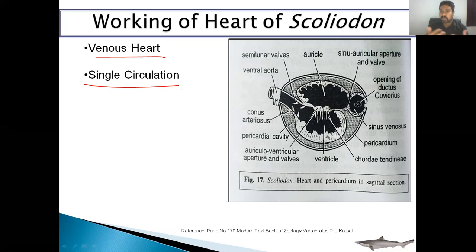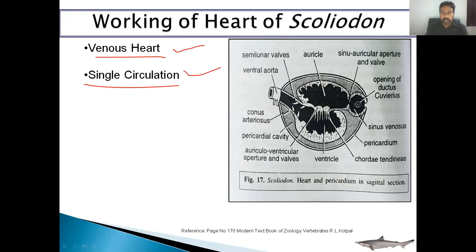So the blood comes twice in humans. Our heart is more developed because we are higher vertebrates. Scoliodon has a single circulation, and that blood is the deoxygenated or venous blood. That's why the heart is the venous heart, and it shows single circulation.